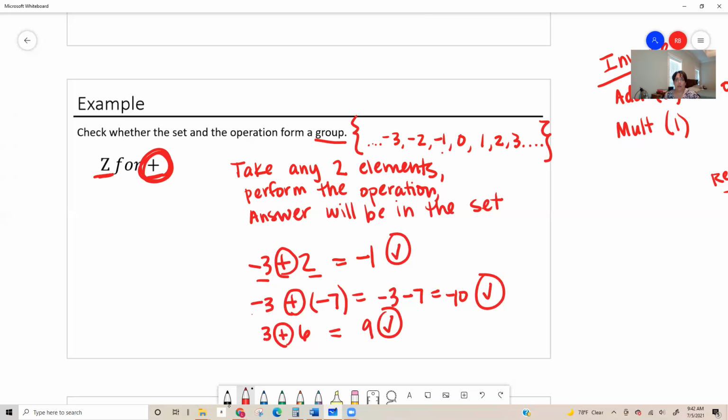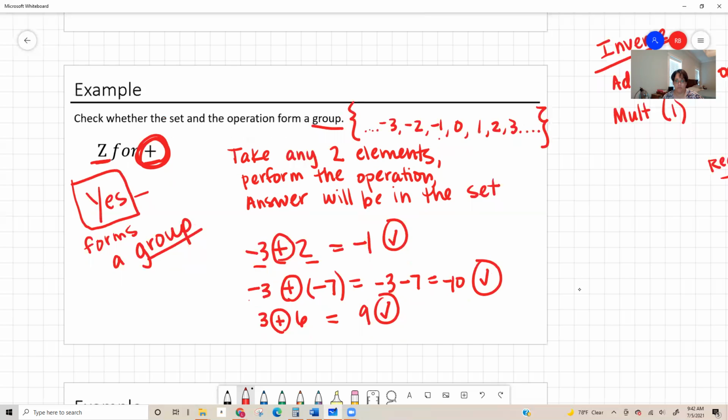So it looks like if you take any two elements from the set and you add them together, your answer will also be in the set. So the answer here is yes, this forms a group. Okay, so that's what it means to be a group. All right, so I think that your homework is just going to be yes or no.